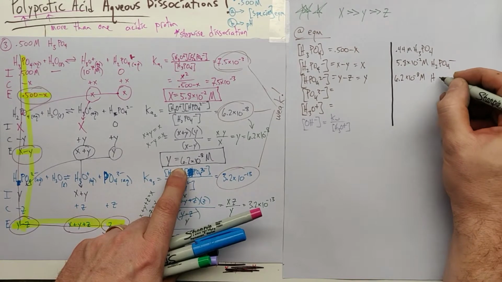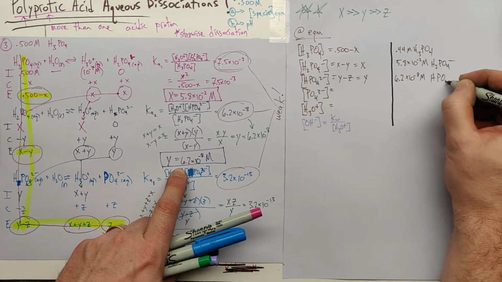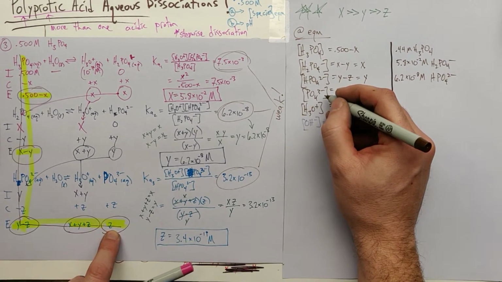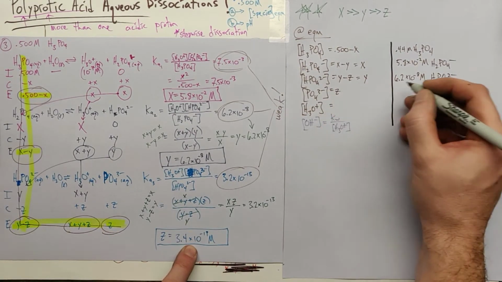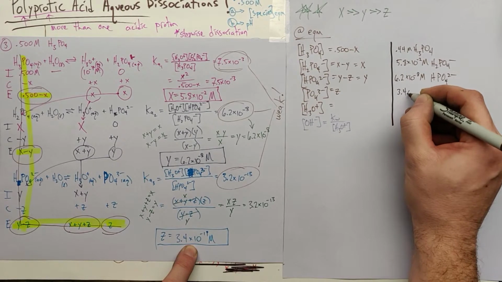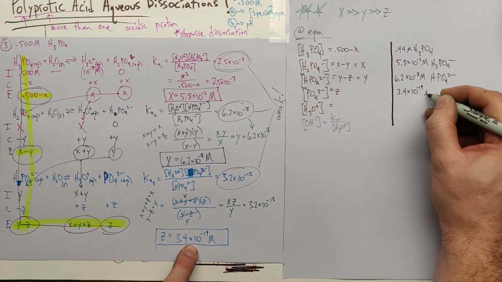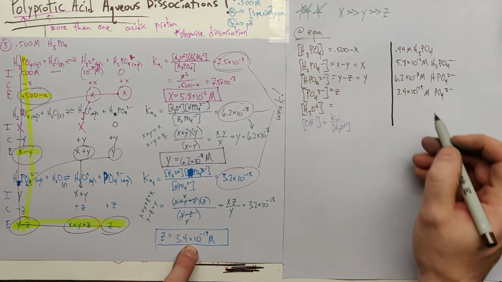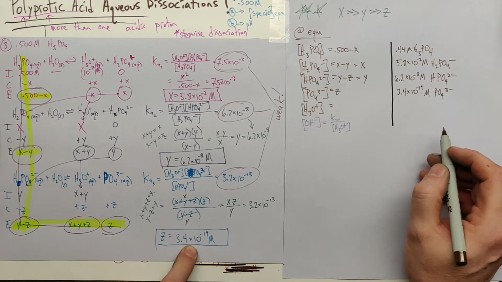Our PO4 3 minus is supposed to be Z, and Z is 3.4 times 10 to the minus 19th, which for all practical purposes is none.